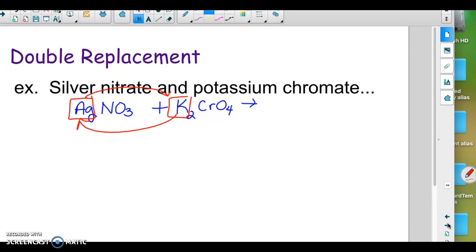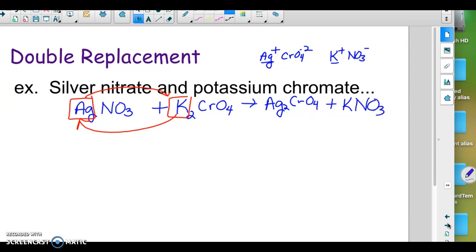So then I form two new compounds, and I'm going to be thinking about their charges. I'm going to have a compound with silver and chromate, and I'll have one with potassium and nitrate. Notice that I'm putting the cation first, and now I'm going to balance charge. So this would be silver, there would be 2 of them, and potassium nitrate is just KNO3.